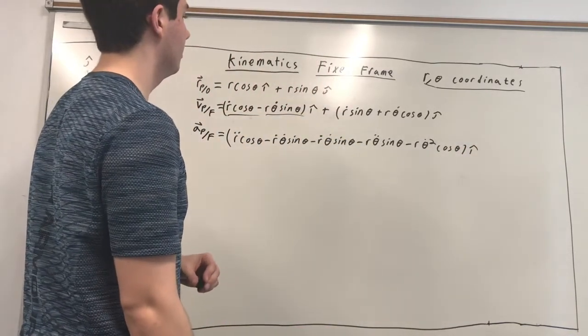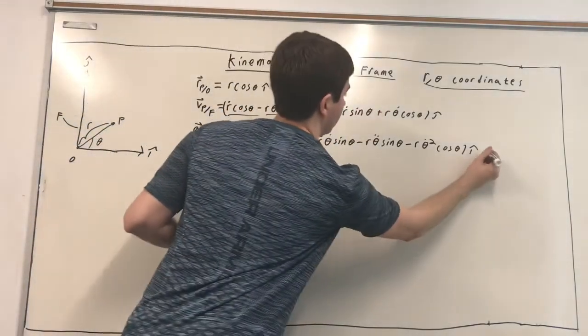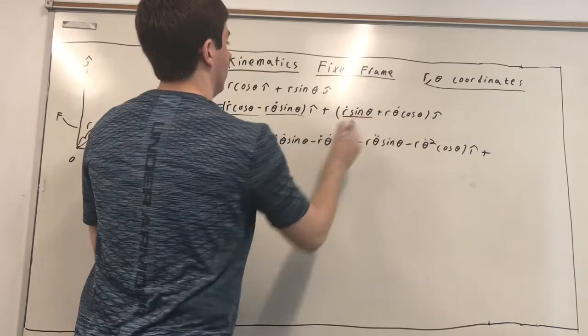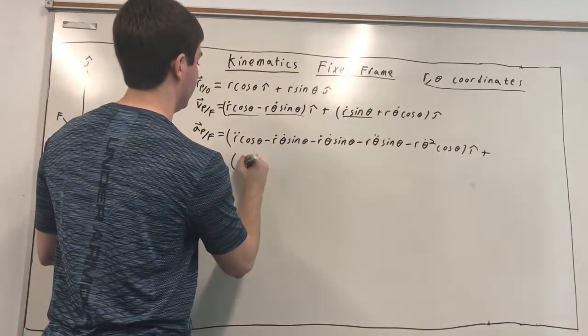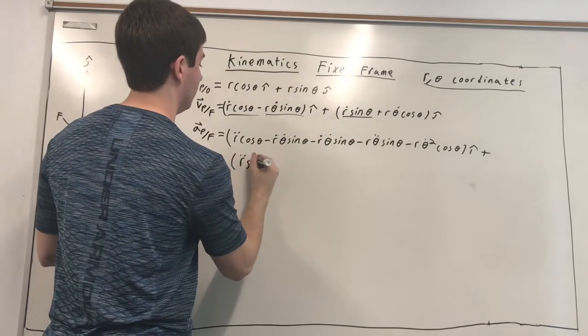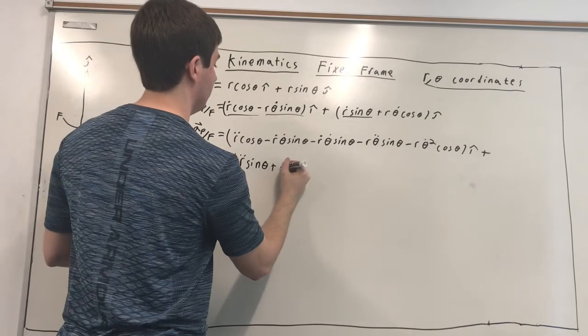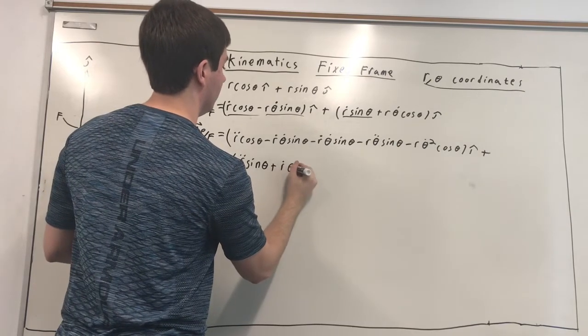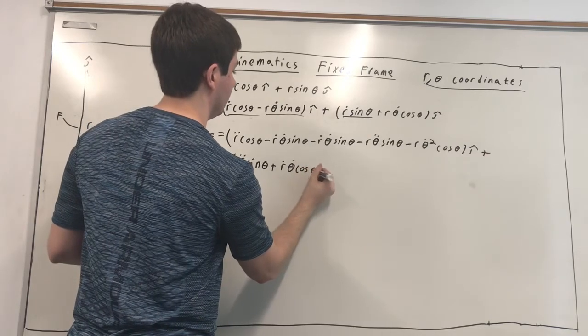And then next I will take the derivative of the j hat part. So plus, it's another product rule. It's r double dot sine theta plus r dot theta dot cosine theta.